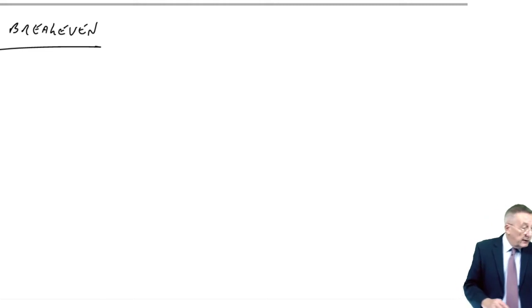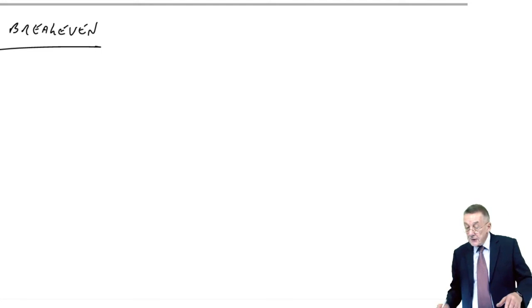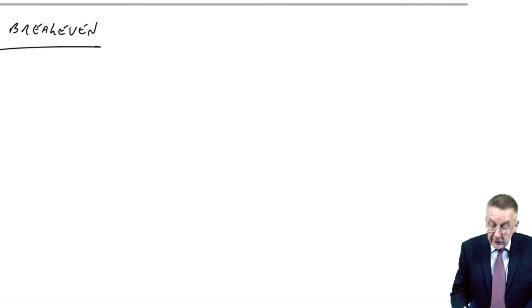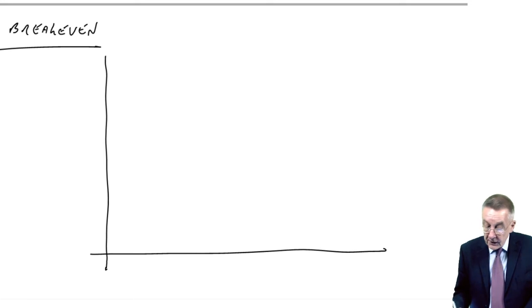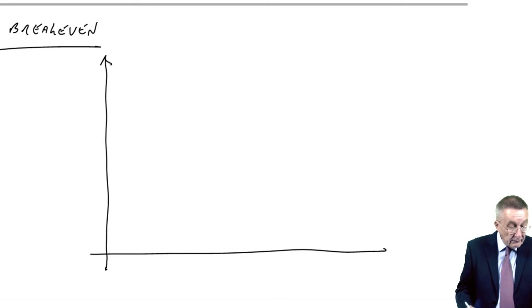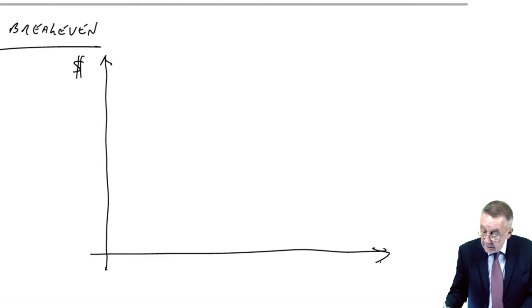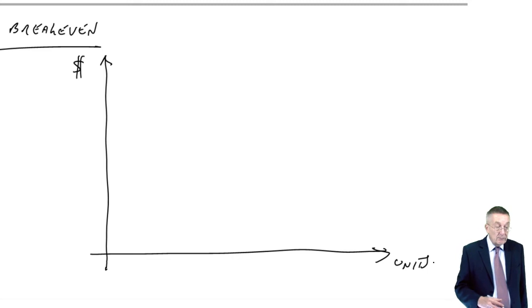And let me show you, I've still got my ruler here. No, I haven't. So this is not going to be precise, but still. The break-even chart, we're going to show the costs and the revenues involved. Dollars up there, here, as the number of units change.